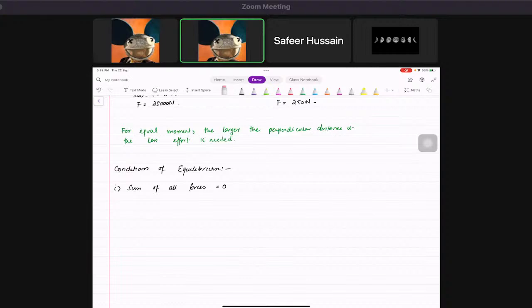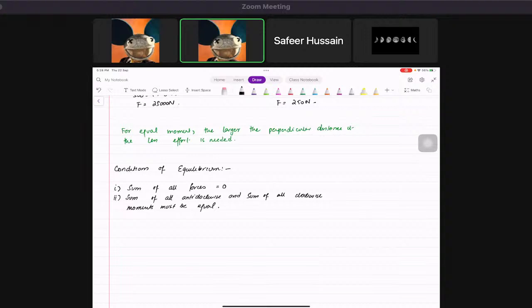But then the other thing is that the sum of all anti-clockwise moments and the sum of all clockwise moments must be equal as well.